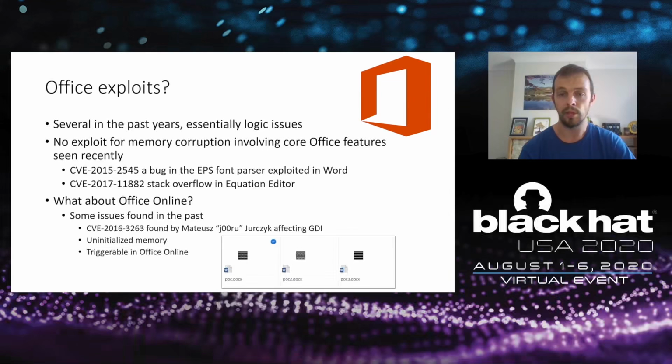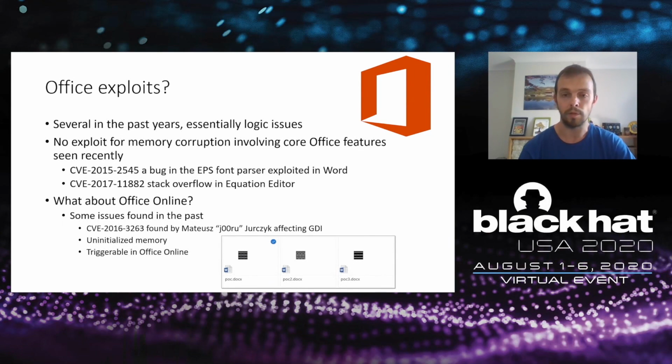The vulnerability here was an uninitialized memory issue. We agreed with Joly that we wouldn't service this issue as it wasn't posing a significant threat to our customers. Then he came back a couple of weeks later saying that this issue actually affected Office Online. At that moment, this was a scenario that we just hadn't thought about.